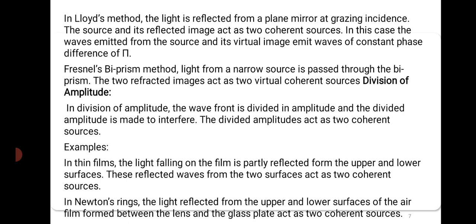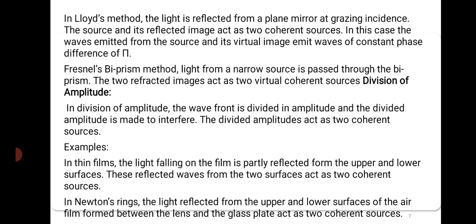The source and its reflected image act as two coherent sources. In this case, the waves emitted from the source and its virtual image have a constant phase difference of pi. In Fresnel's biprism method, light from a narrow source is passed through the biprism. The two refracted images act as two virtual coherent sources.